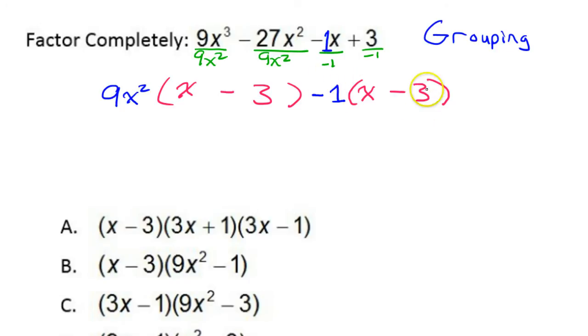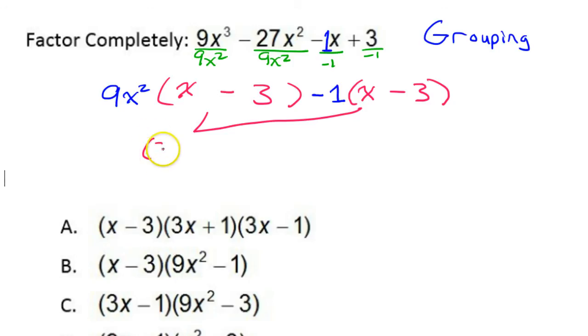And positive 3 divided by negative 1 would be negative 3. Think about the distributive property if it helps. If I took this negative 1 and distributed, negative 1 times x would get me back to negative 1x. Negative 1 times negative 3 would give me positive 3. Okay, so now I have this. Notice how the parentheses are the same. That means that x minus 3 is a common factor.